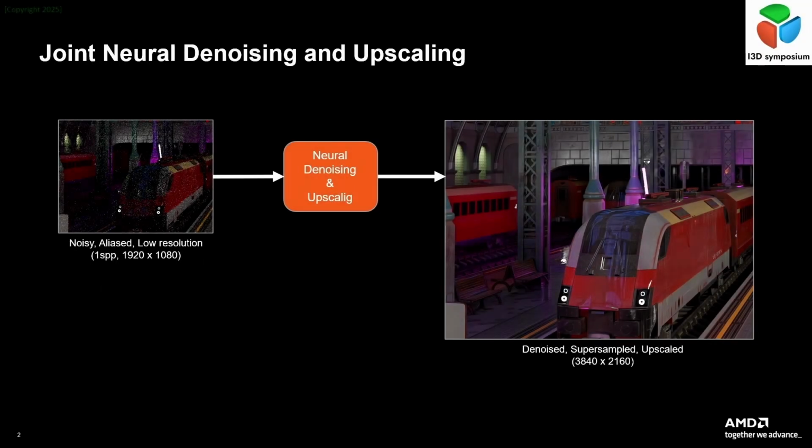In this work, our goal is to devise an efficient neural network architecture for joint denoising and resolution upscaling technique. So in this diagram, from the left side, given the noisy, aliased, low resolution rendering from the rendering engine, our architecture generates a denoised and upscaled frame as shown on the right side.